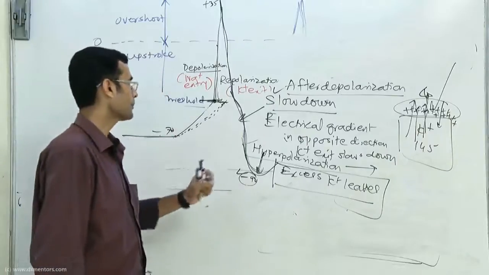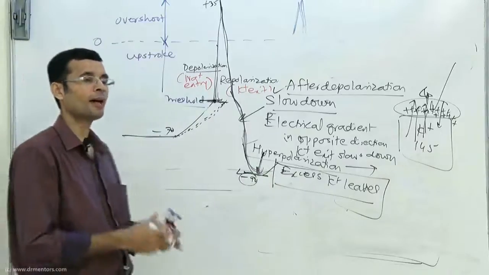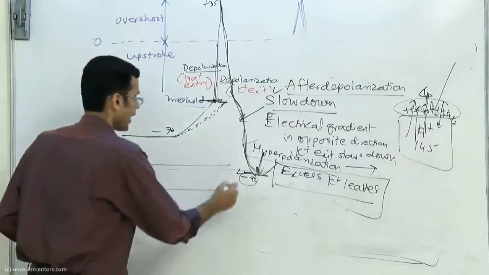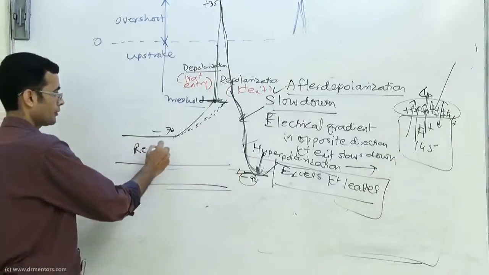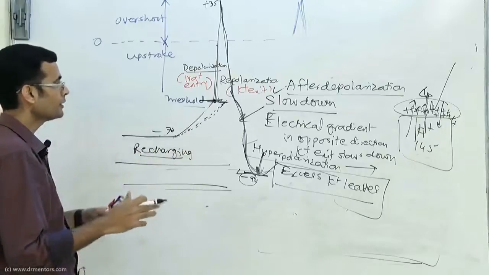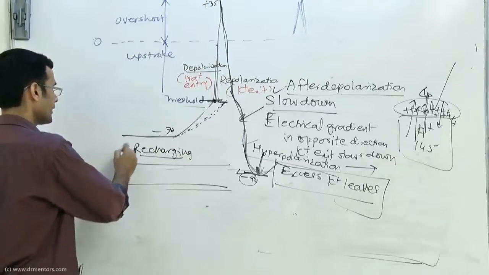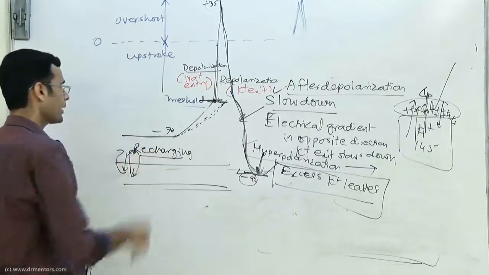Now two things happen simultaneously at minus 90. Very often I am asked this question that after every action potential there has to be recharging. We have seen this already, that sodium and potassium have to be sent back. Sodium has come in, it has to be sent out, and potassium went out for repolarization, it should be brought back in.